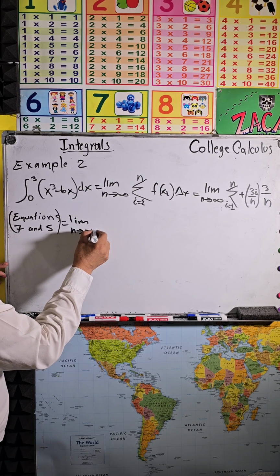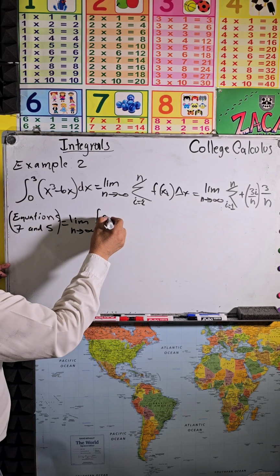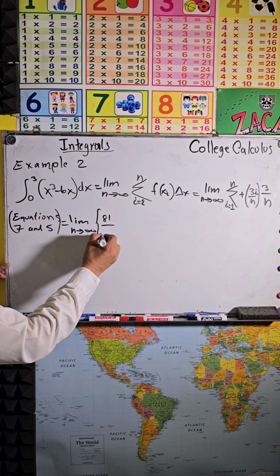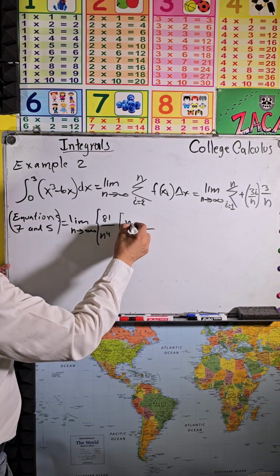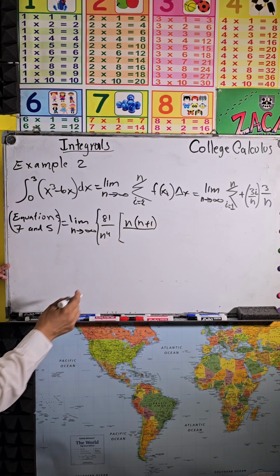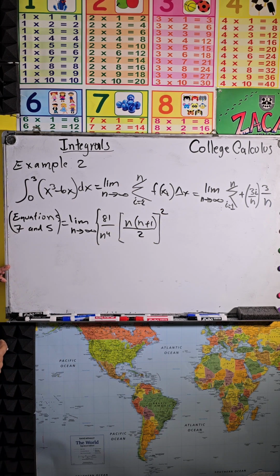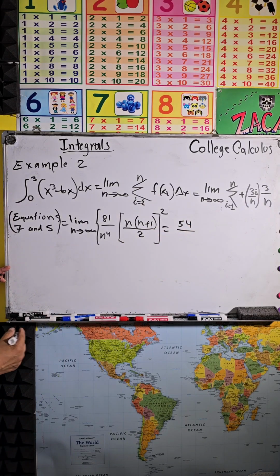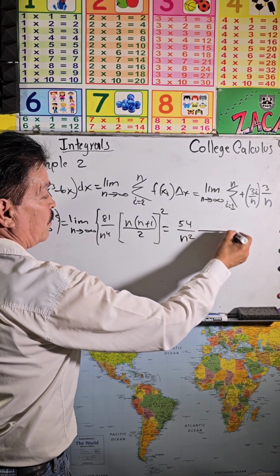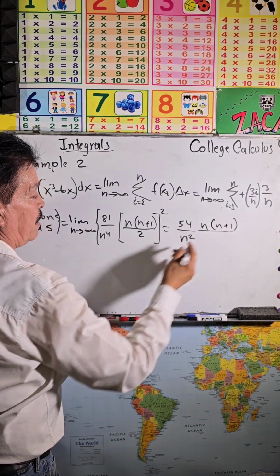As n approaches infinity, we have to write 81 divided by n to the 4, times the quotient n times n plus 1 divided by 2, squared. Okay, minus 54 divided by n to the second power, times n plus 1 divided by 2.